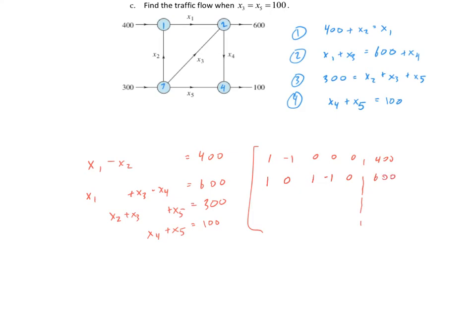For the third row, there's no x1s, there's an x2, there's an x3, and an x5, 300. And then the bottom row, all we have in that row is an x4 and an x5 equals 100. All right, so there's our augmented matrix.